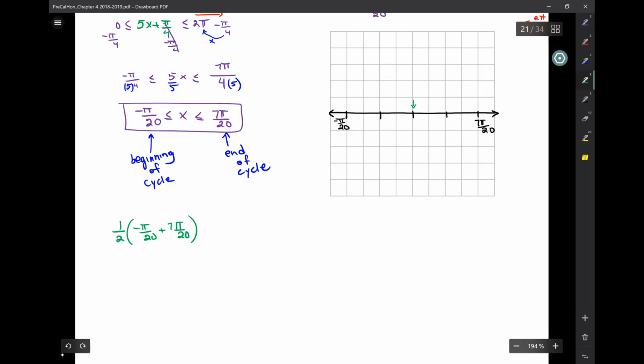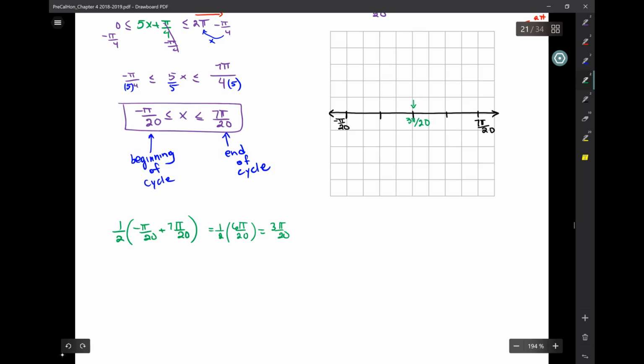How do you find the midpoint? Add, divide by 2. This is where you get into a little bit of math, but it's okay. It's fun. We can do this. So this is 1/2 times 6 pi over 20, and that's 3 pi over 20.